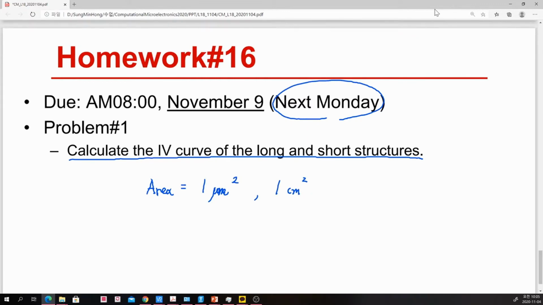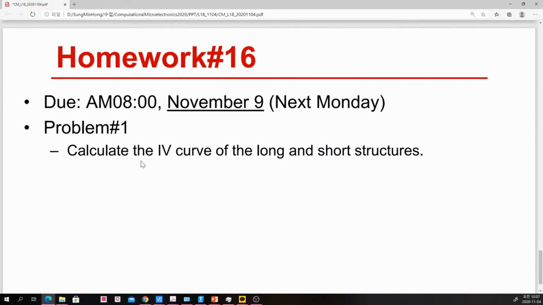So please set any area value, then calculate the IV curve of both the long channel structure and the short channel structure. Since we have spent plenty of time already on this code, I hope that you can easily get the solution.